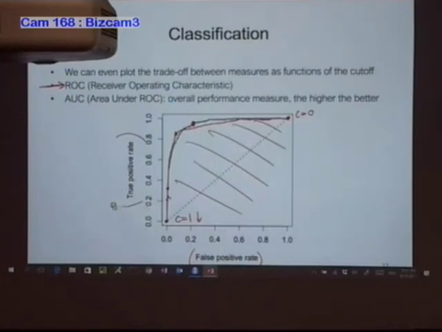If you believe the cost ratio is 10-to-1, probably you should choose a different slope. That slope is really determined by your two types of cost. And that's basically the same idea. If you tell me the cost, later I will show you in the code. There's an easy way to plot how the cost changes with respect to cutoff. And there should be an optimal cutoff out there, right? That's the same idea. Okay.